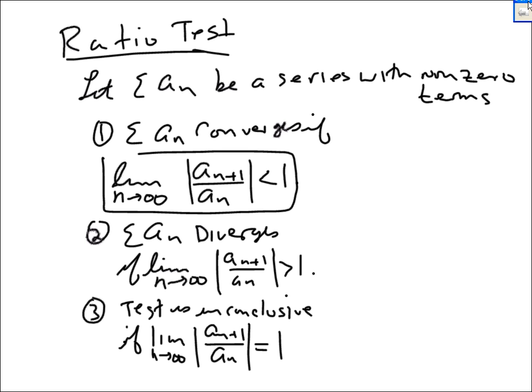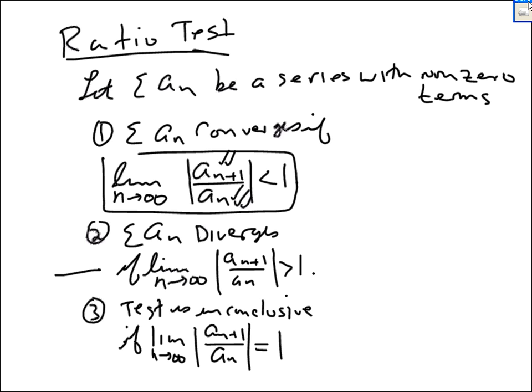But this says that the next term is smaller than the term before. Remember, a fraction is less than 1 if the numerator is smaller than the denominator. The denominator, a sub n, must be bigger than a sub n plus 1. That is, the terms have to be getting smaller to converge.